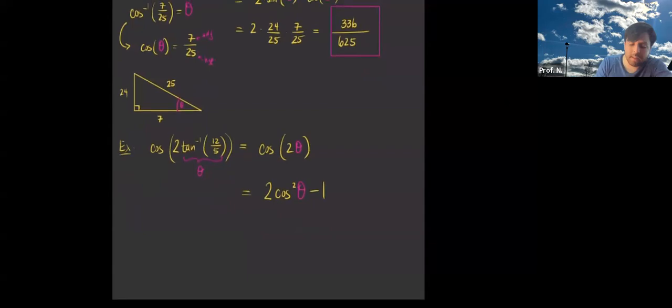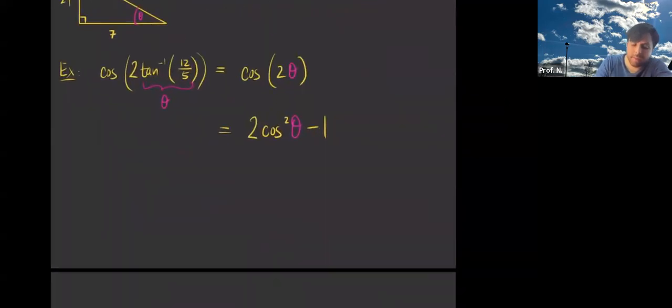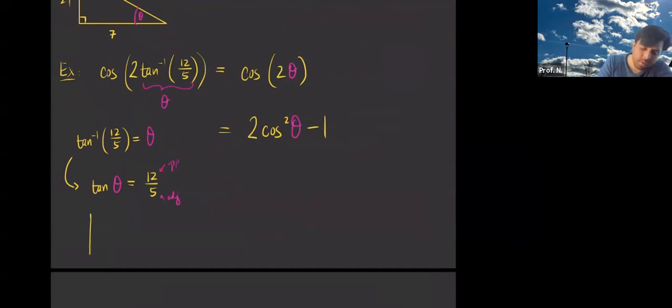Now let me unpack the idea that I have theta. So what do I have? I got tan inverse 12 over 5 equals theta. So I can rewrite this as tan theta equals 12 over 5. Opposite, adjacent. What do I do?